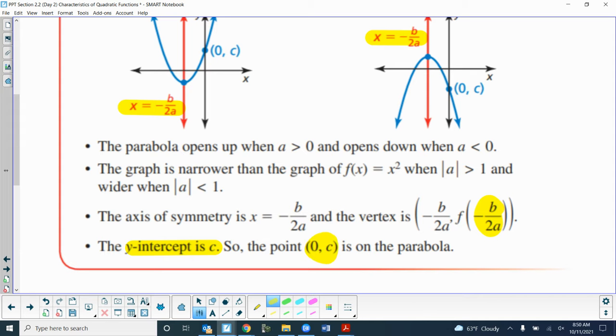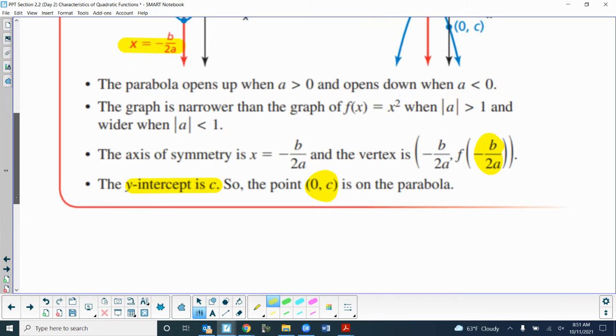So the y-intercept is always (0, c). That's what they're putting here. There's the y-intercept for that one at (0, c). Here's the y-intercept for this one, (0, c), whatever the c value is. So this stuff should be reviewed for you guys because we did a little linear review and a little quadratic review before we got into the book.